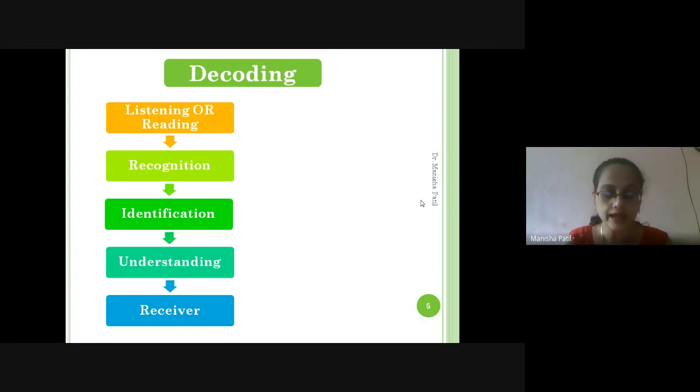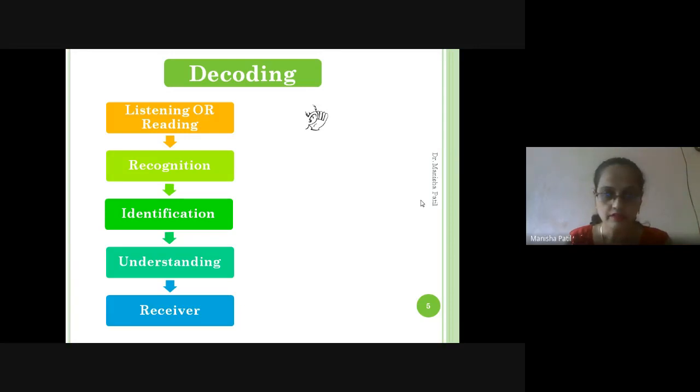Then there is identification of particular word. Then there is understanding of the whole sentence. And this is how finally the message reaches the receiver. Again, 5 stages. It is the other way round. It is the reverse of encoding.